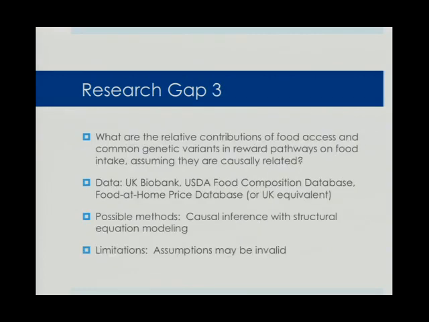And then the last gap that I was thinking about was: what are the relative contributions of food access and common genetic variants in reward pathways on food intake, assuming they are actually causally related? Can we actually quantify the relative contribution? Again, like I said, I'm gung-ho on the UK Biobank, but I could also use food composition databases and price databases, or in this case it would probably be more appropriate to use the UK equivalent.